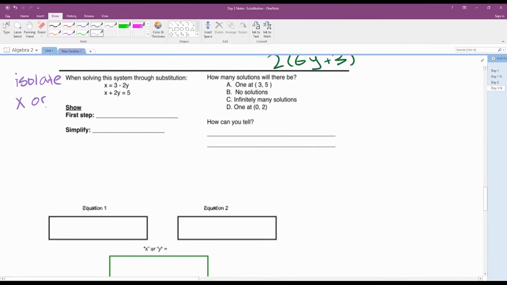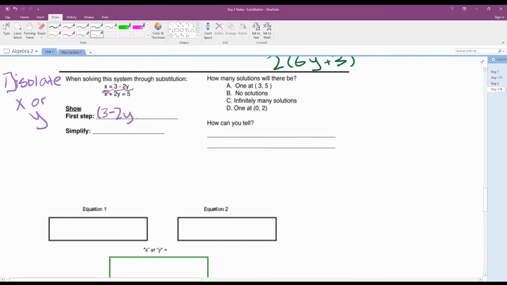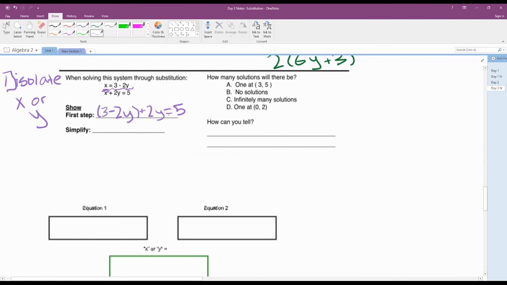Isolate x or y is the first thing. But I already have x by itself, so our lives are a lot easier. So I'm going to take this x and put it in here. So now I have 3 minus 2y plus 2y equals 5.